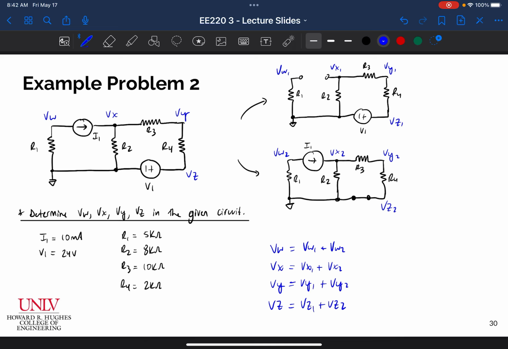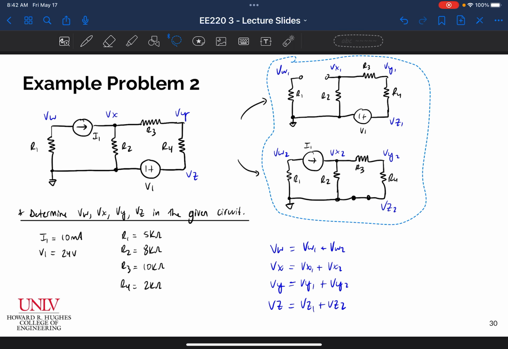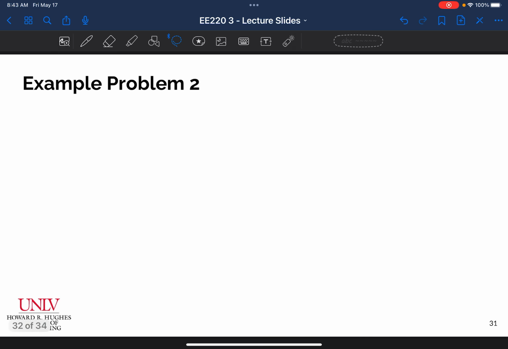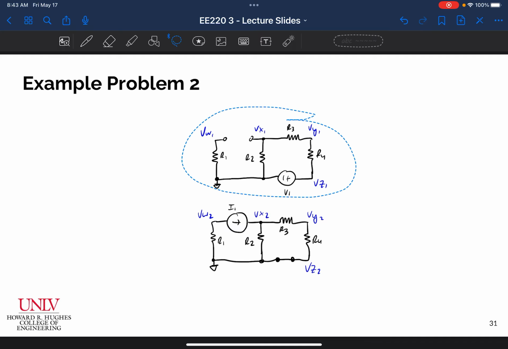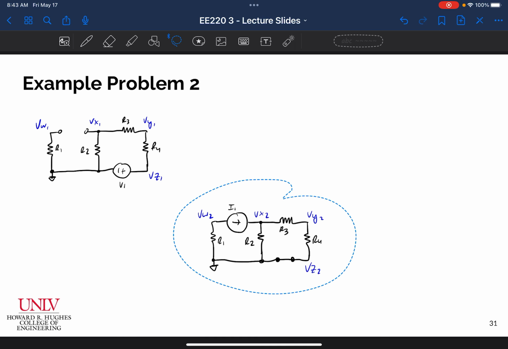I have another slide here. So let me just copy everything I need, which is basically all of this. And then we'll just use it over here. Let's go ahead and put one of these over here and the other one over here.